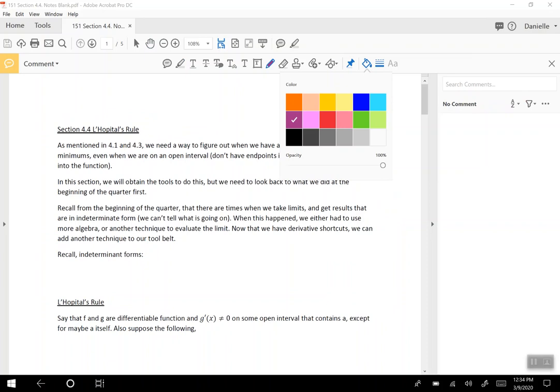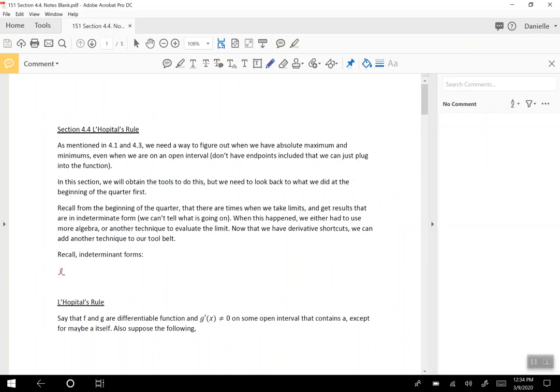So let's recall from the beginning of the quarter, we talked about what we call an indeterminate form. For example, if I have something like 0 over 0 after I run the limit, I don't really know what's going on. If I have infinity over infinity, infinity is not a number, so I can't just divide those. I don't know what's going on. If I had negative infinity over infinity, I don't know what's going on.